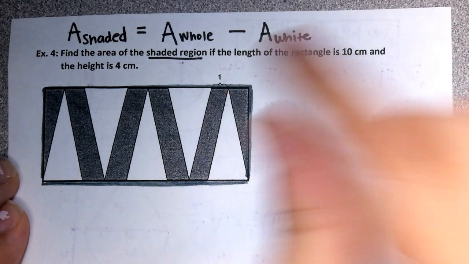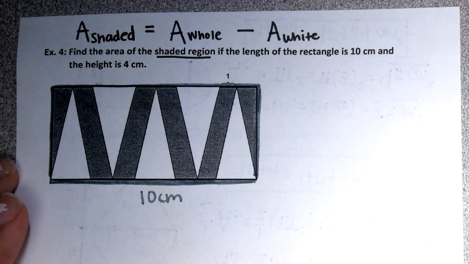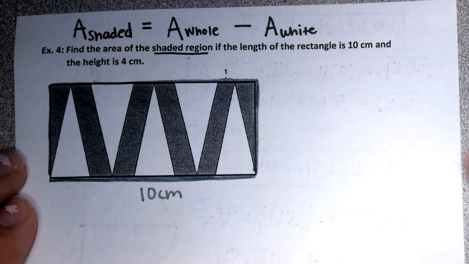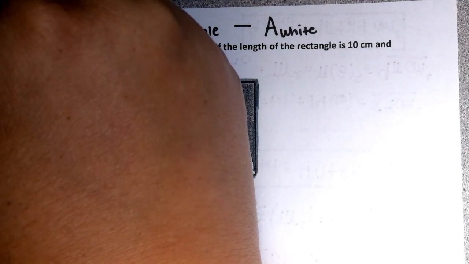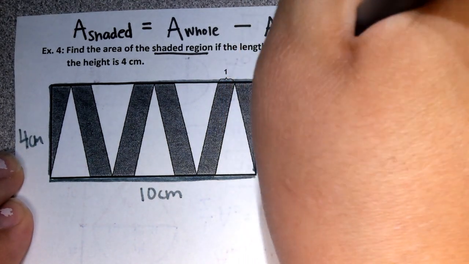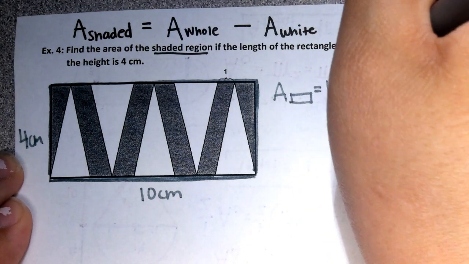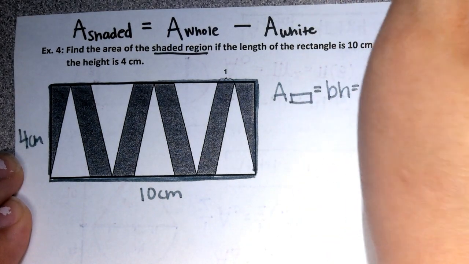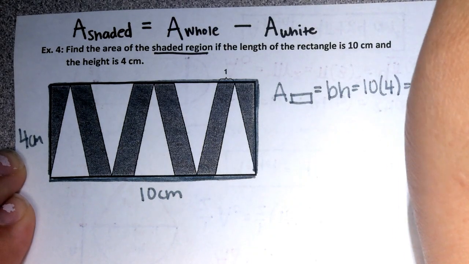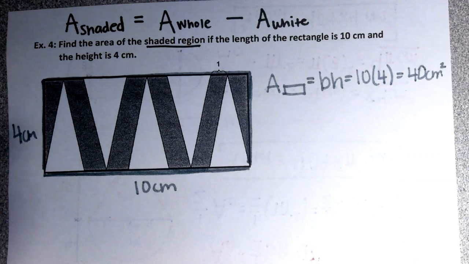The base of the parallelogram is 1, but it says the base of the rectangle is 10, and what else does it tell us? The height is 4 centimeters. So the area of this whole rectangle is going to be base times height, which is 10 times 4, which is 40.